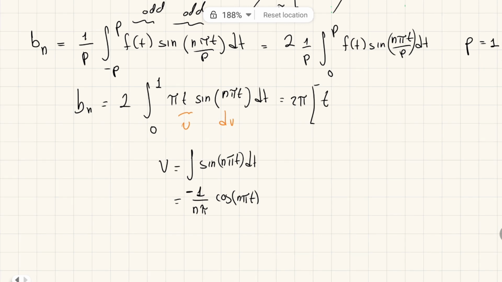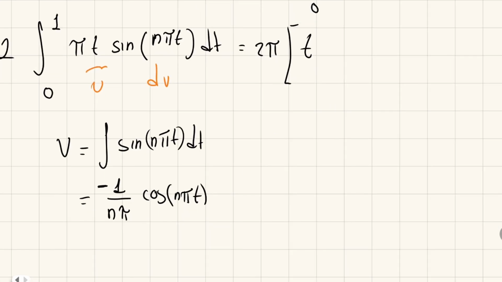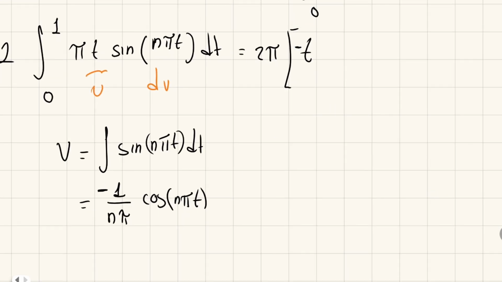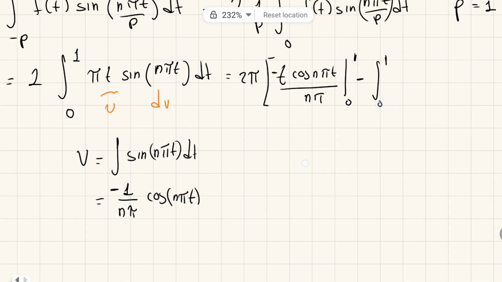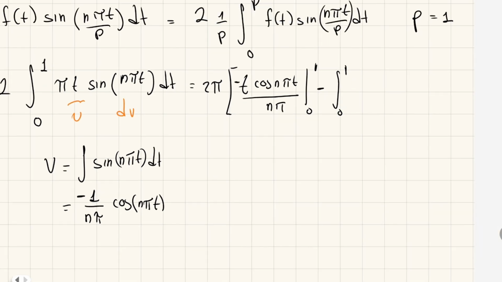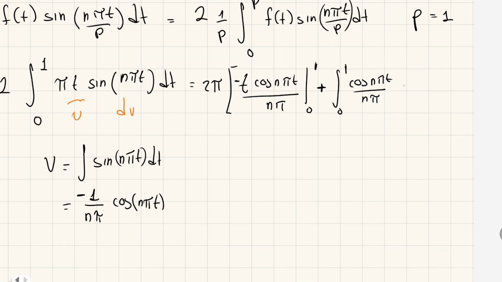So we have here u times v. So here we have a minus and then cosine of n pi t divided by n pi from 0 to 1, and then minus the integral from 0 to 1 of, it will be minus, so this becomes a plus, cosine of n pi t over n pi times du, but that is equal to dt.